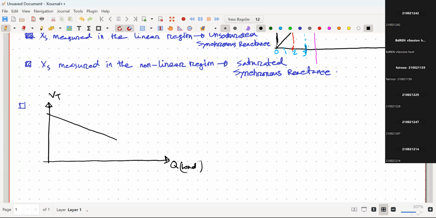Under this circumstance, suppose this is 220 volts, for example. Now if I connect a certain amount of Q load, suppose this amount, the terminal voltage will be reduced to, for example, 180 volts.